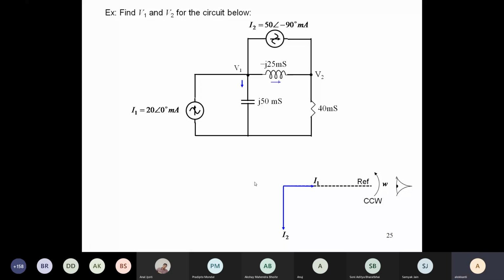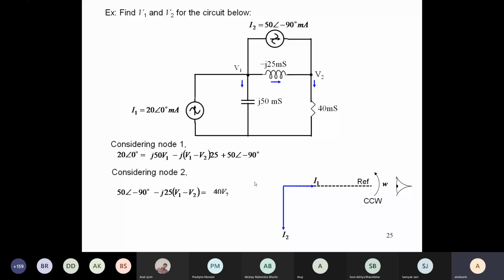And what we did was we took help of the nodal analysis. At these two nodes we wrote down the KCL equations, and ultimately we solved them. We saw that in these solutions the unknowns are complex quantities, and ultimately you get complex quantities again.